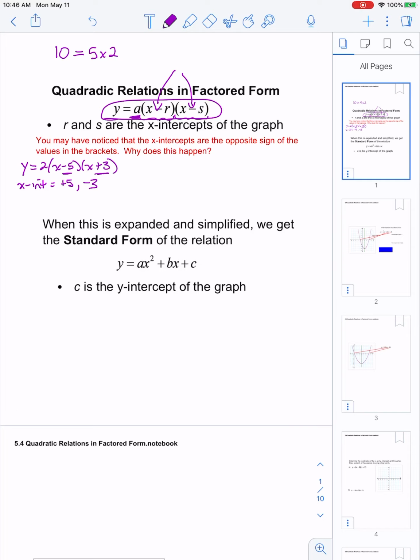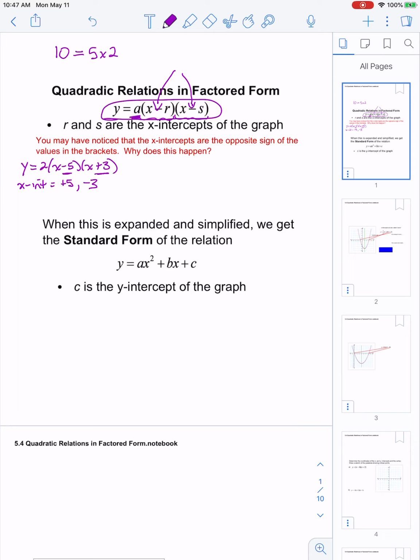So why does that happen? Well, it's got everything to do with x-intercepts and what we do when we're trying to find the x-intercept. If you remember with linear relations, to find the x-intercept, we let y equal 0. We do the same thing no matter what the equation is or what the graph looks like.